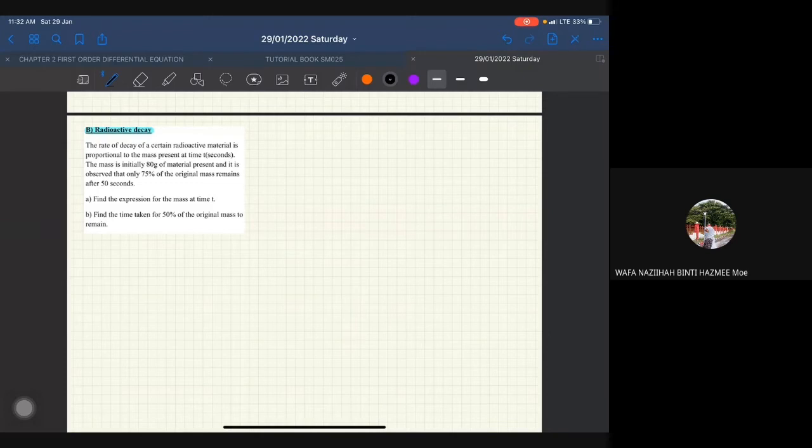Pandai. Dia decrease kan. Kalau kita tak kerja, dia jadi decrease je lah. Okay, so maksudnya dia akan jadi negative. Beza antara population growth, dia adalah increasing. Kalau radioactive decay, dia akan decrease. Awak mesti ingat, kalau decrease dia ada negative.